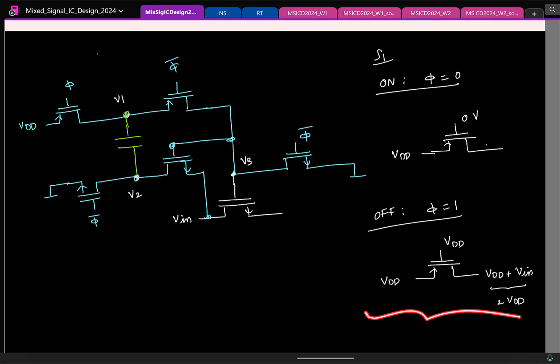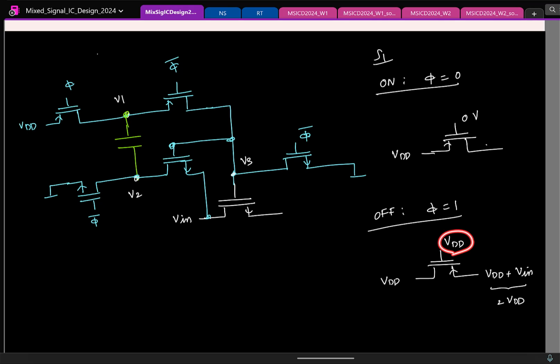It will be on or off? This will be on because now this terminal is at a higher potential. So that will now act like a source and the switch will start conducting. You want this to be off, but you find that because voltages are greater than my supply, the switch turns on.